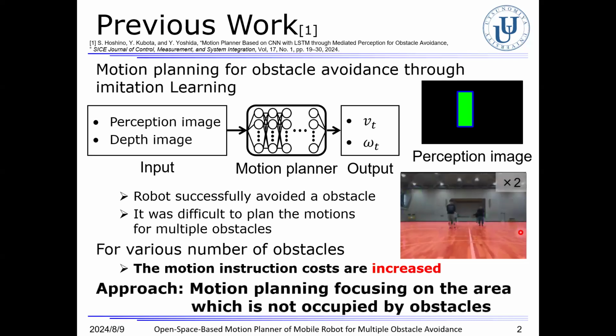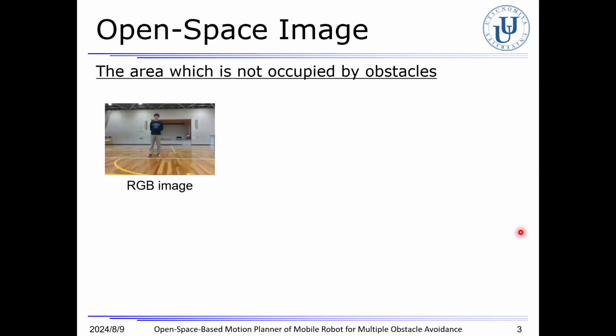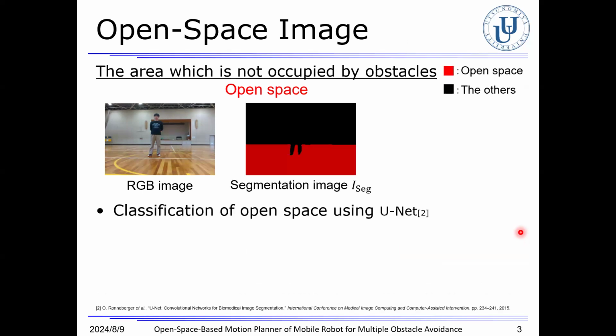For this challenge, we focus on the area which is not occupied by obstacles. The area which is not occupied by obstacles is called open space. The open space image is generated through image segmentation and object detection techniques.